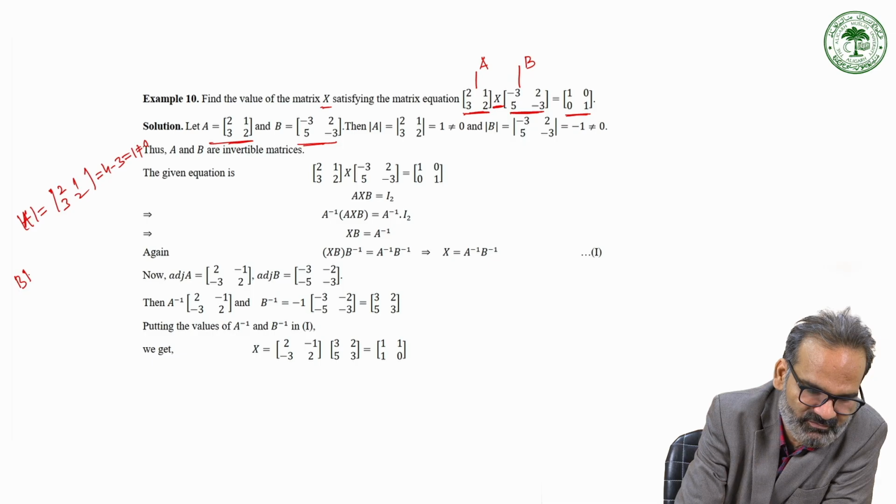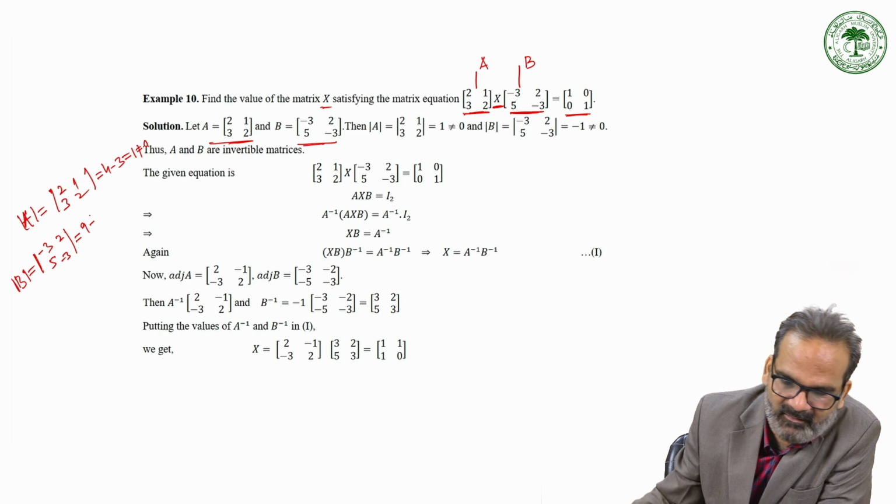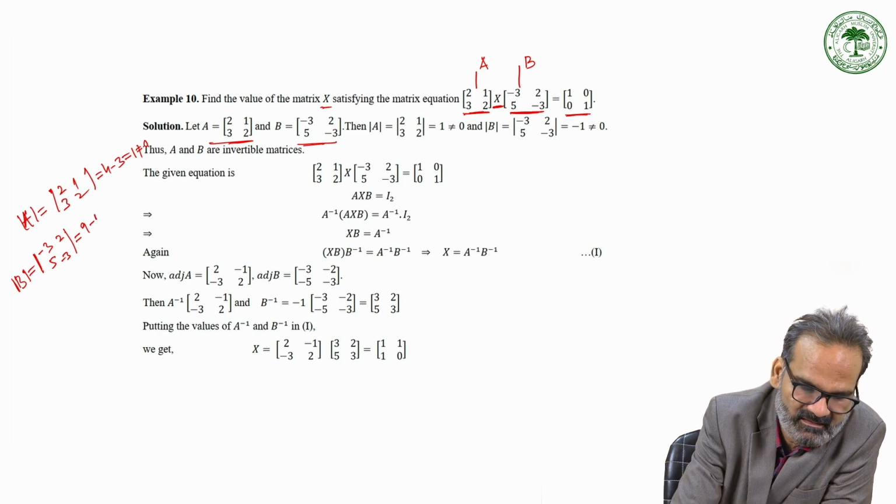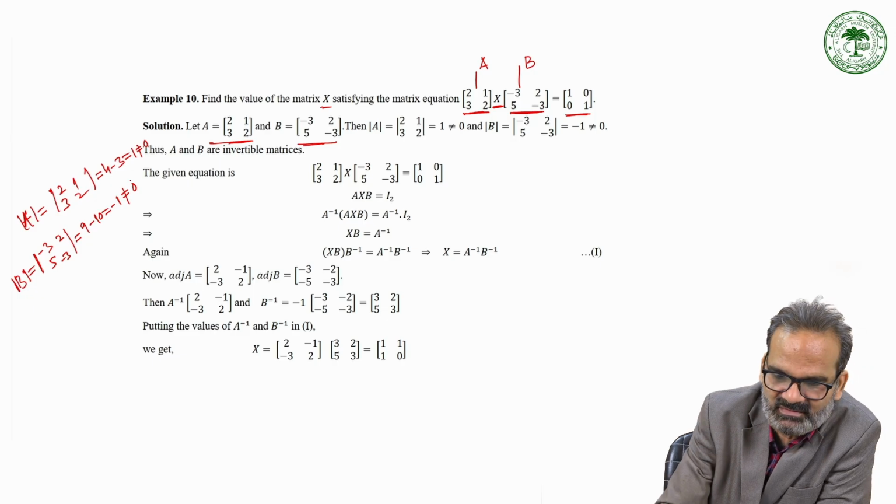Likewise, what is the determinant of B? The determinant of B is this: minus 3, 5, 2, minus 3. This is 3 threes are 9, minus 5 twos are 10, which is equal to minus 1, and this is also not equal to 0.